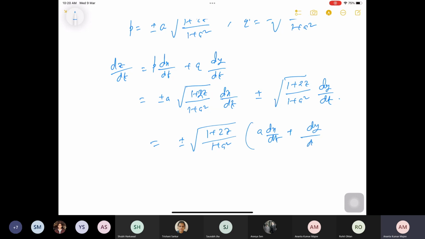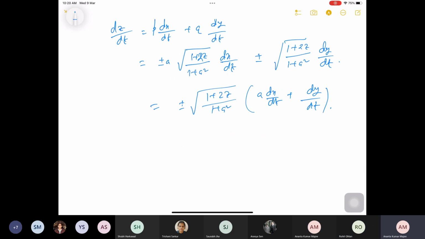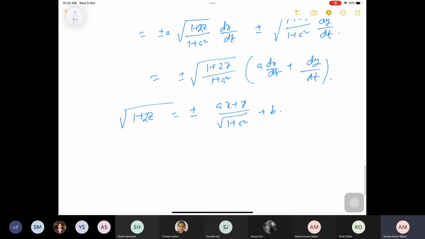plus dy/dt). And now if you integrate it, then what you have is that the square root of 1 plus 2z equals plus or minus (ax plus y) by the square root of 1 plus a squared, plus b. Okay, because z is there, I want to have u.